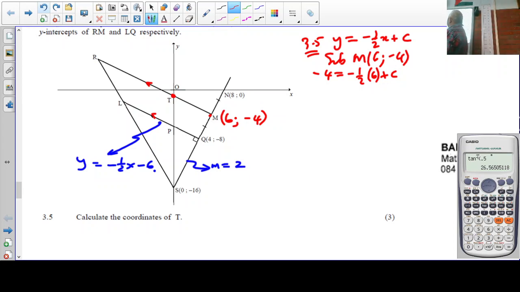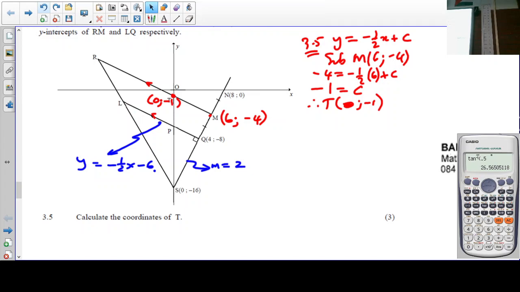Bring it over, it becomes positive 3. So your c value is negative 1. And I know my c value is your y-intercept anyway. So therefore, T is going to be (0; negative 1). Makes sense, people? And again, it's clear, it makes sense. Alright.